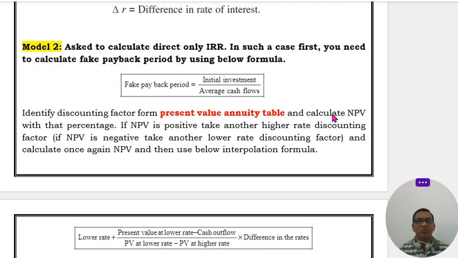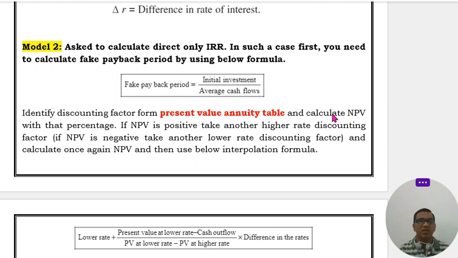Once you have two NPV values, you will use the interpolation formula again, as you used before. How to check the present value table, I will explain clearly while solving a practical problem. So in IRR there are two models. One is calculation of IRR along with NPV, which is very easy, and the other is calculation of only the IRR method.